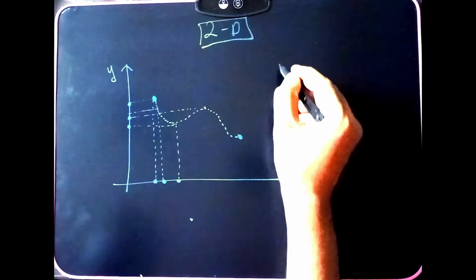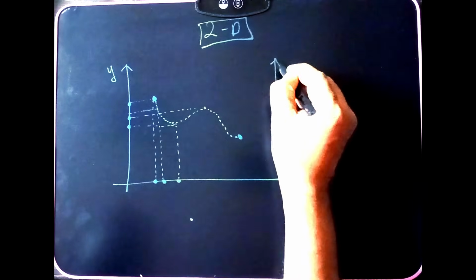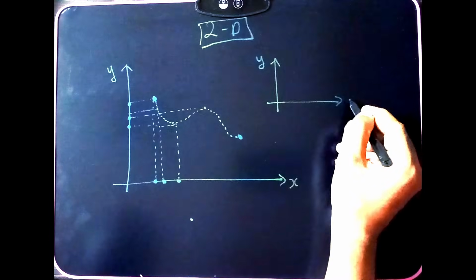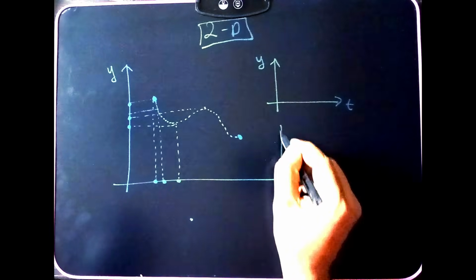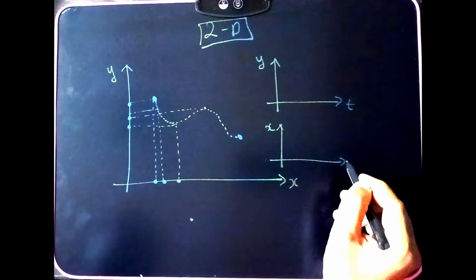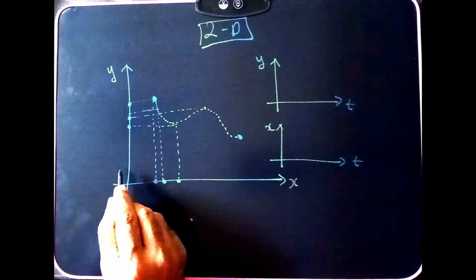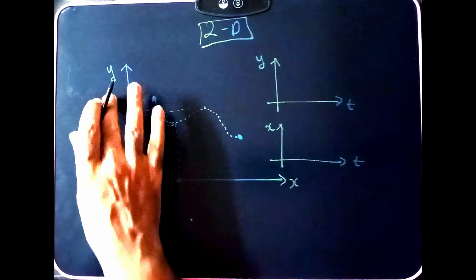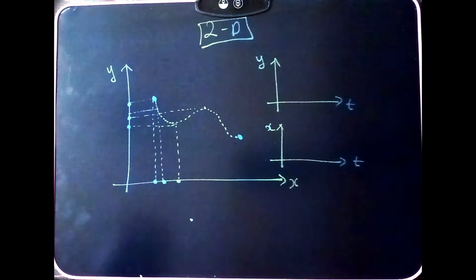So basically, what we are saying is that the motion of y with respect to time is plotted, and another plot is of x with respect to time. So here time is the common axis for both y and x.